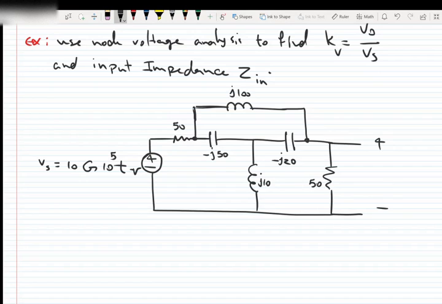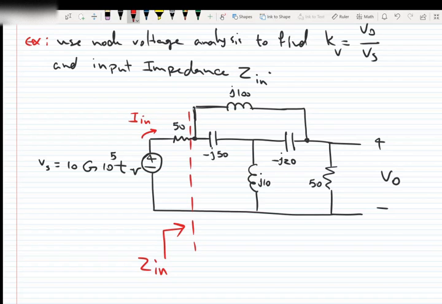VO is here. And one more thing, the Z in is the impedance seen from this point, and I in, of course, is here, and that's it. So this one is the circuit.